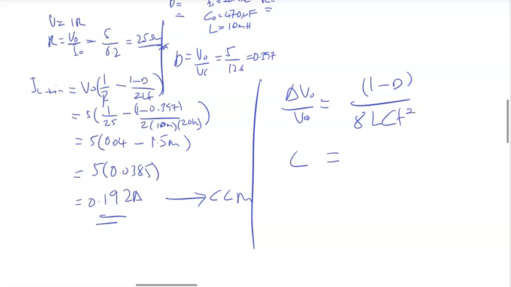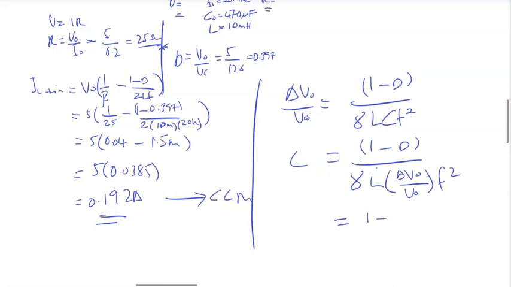So for C is equal to 1 minus D divided by 8 times L times delta V over V times F squared.